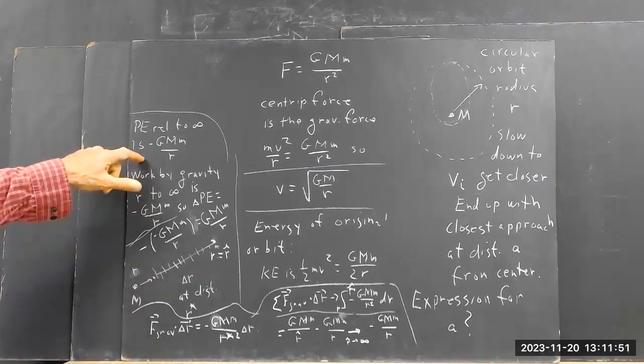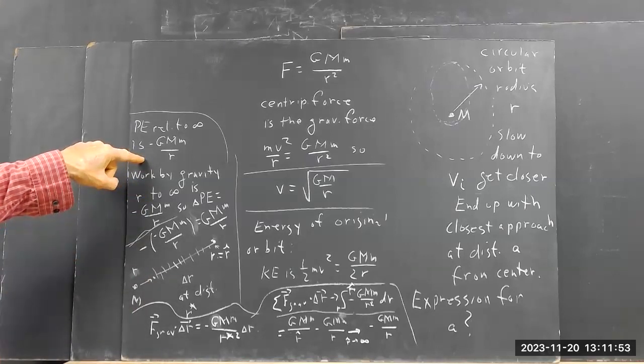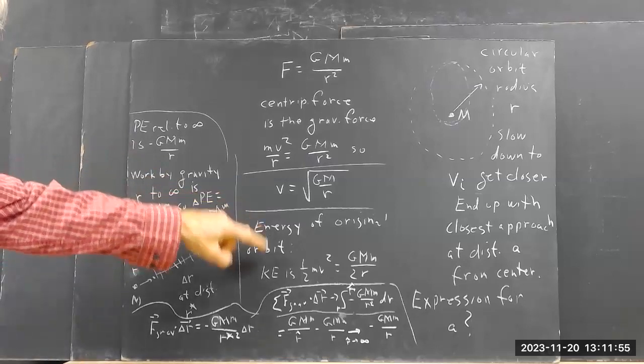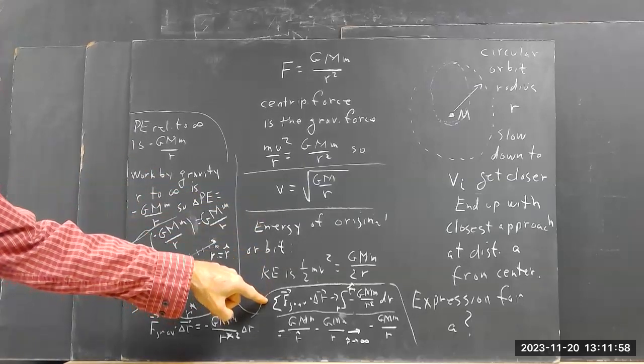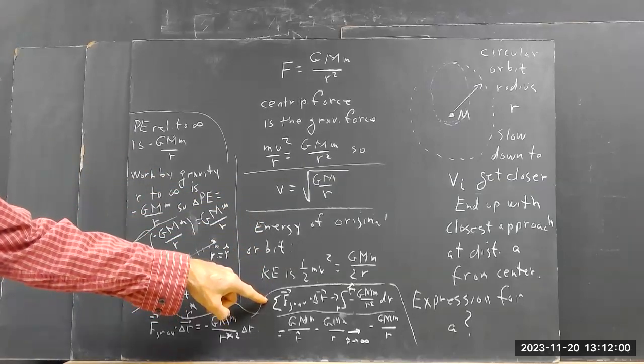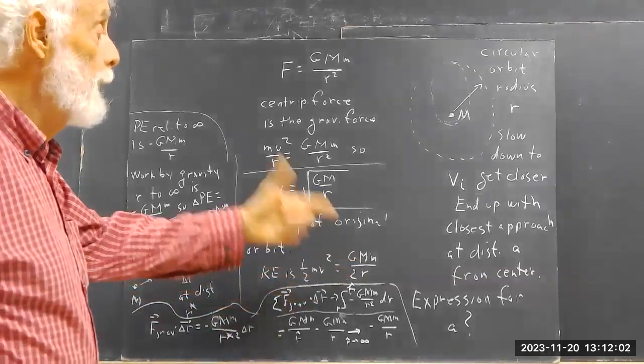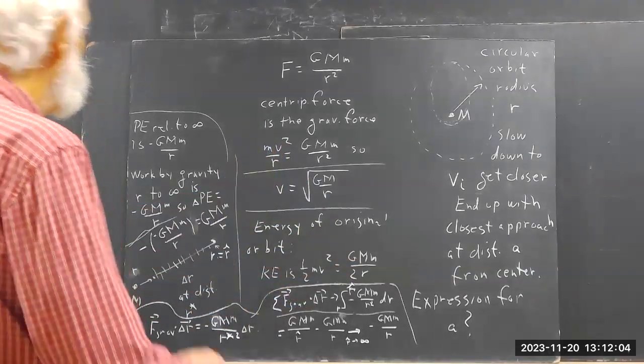So this is a big deal. There is the expression for our energy relative to infinity. So now we can get the energy of the orbit, which will be the kinetic energy plus the potential energy.